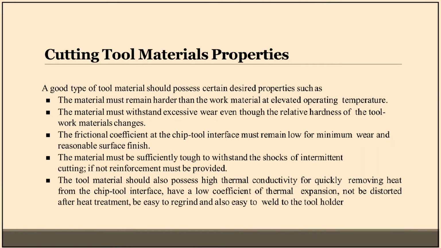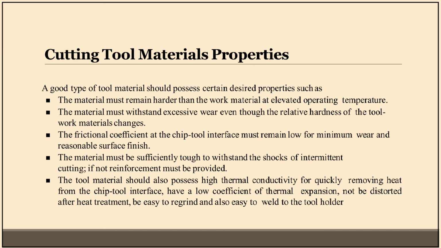Cutting tool material properties. A good type of tool material should possess certain desired properties such as: Number 1, the material must remain harder than the work material at elevated operating temperature. Number 2, the material must withstand excessive wear even though the relative hardness of the tool and work materials changes.